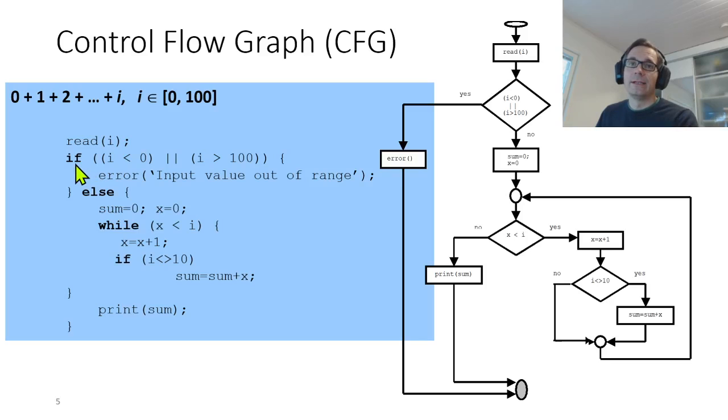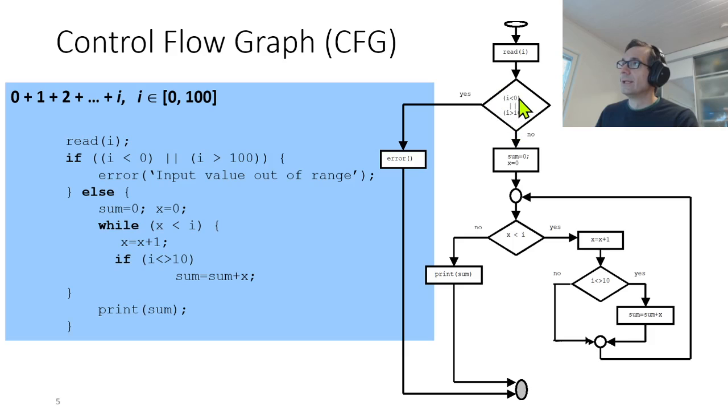The next line is the input value testing. So it tests whether the input value I is less than 0 or if it's greater than 100. This conditional branch, this if, corresponds to this diamond branch here in the figure.